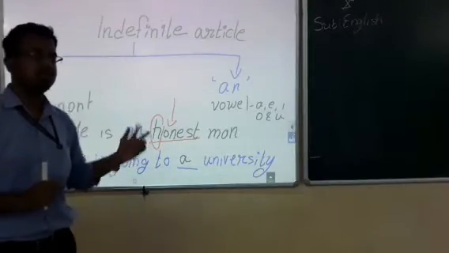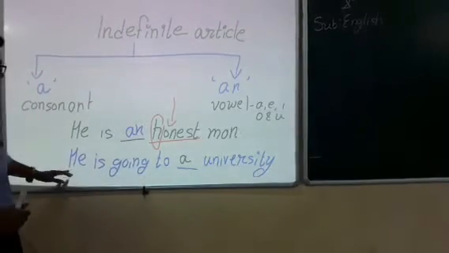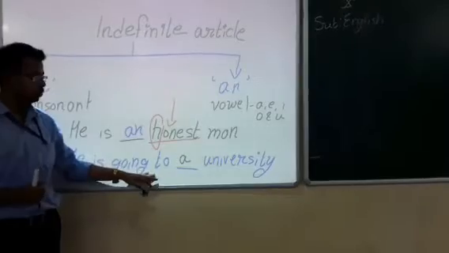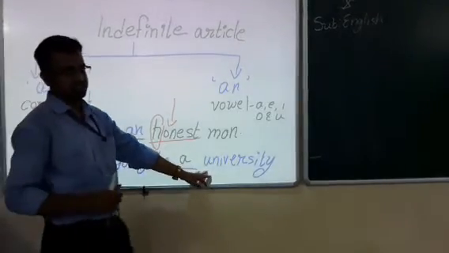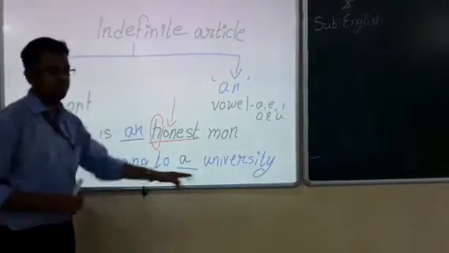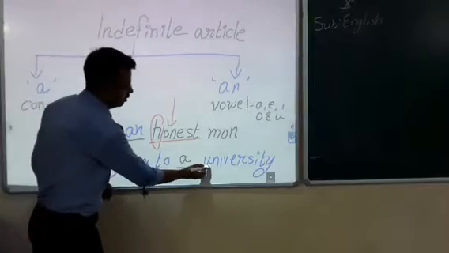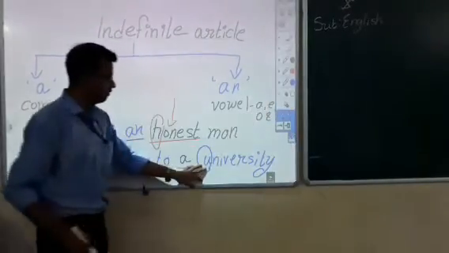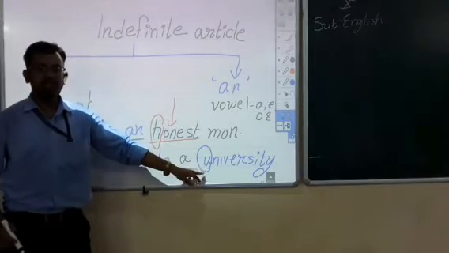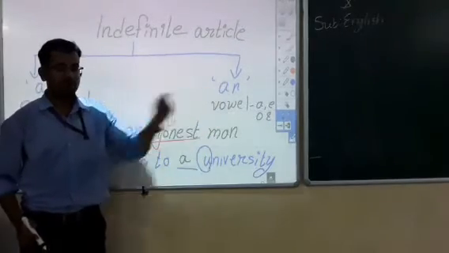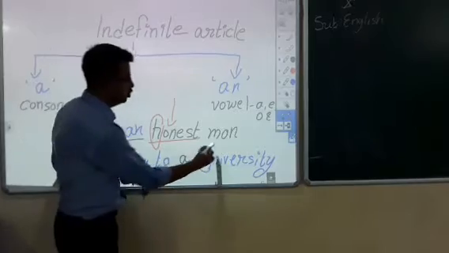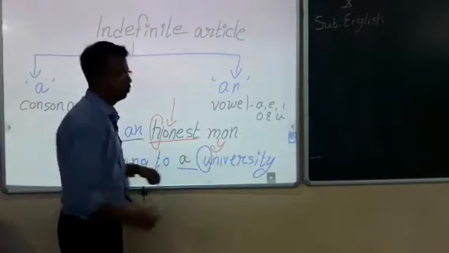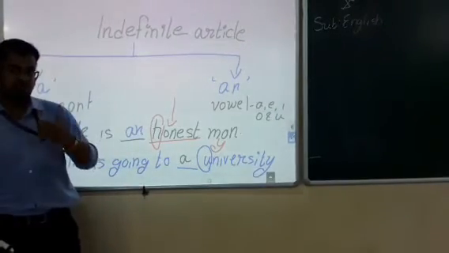Now look at the second example. He is going to a university. In this word, the first letter is U, which is a vowel, but the pronunciation is yoo, a consonant sound, okay?